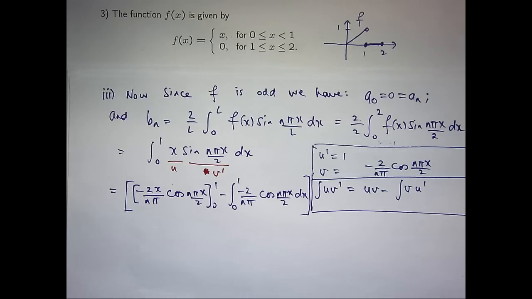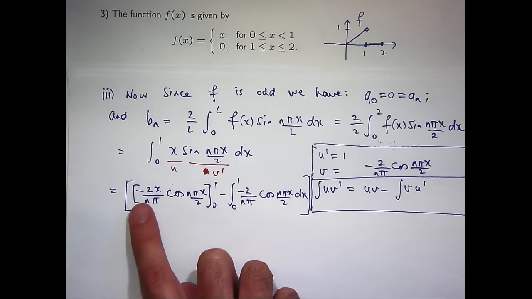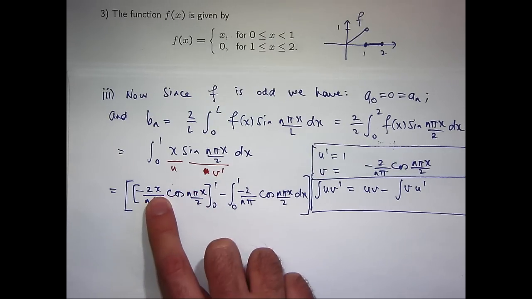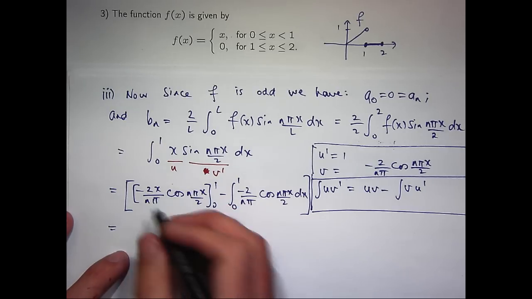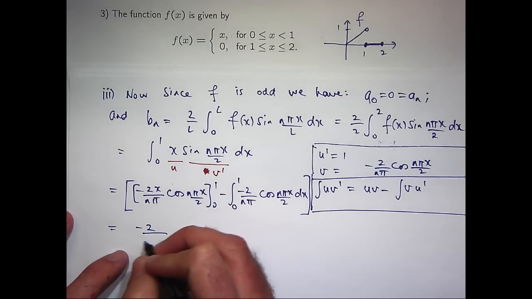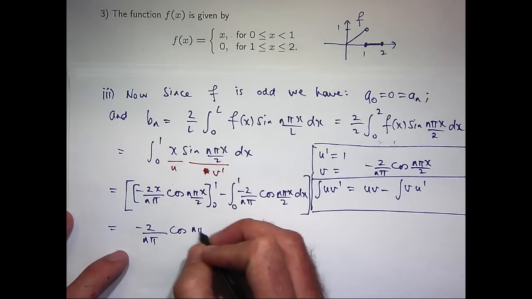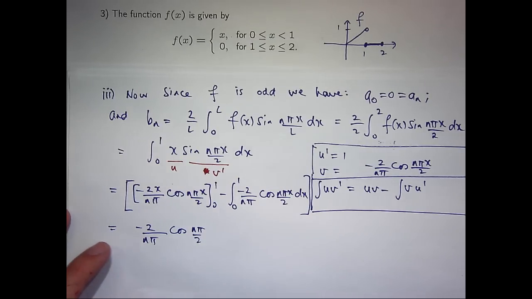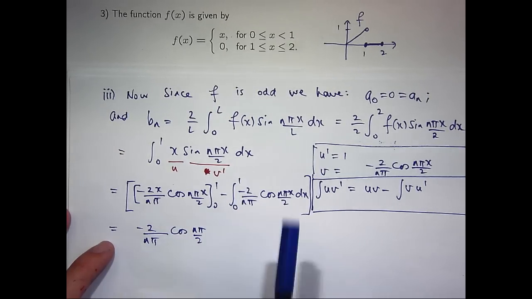So now let's just sub in, and we can knock over that second integral. When I sub in x equals 1 into the first bracket, I'm going to get 0 because I've got an x out the front. The first part's going to give me something like the following. I'm going to get cos n pi on 2. And let's just integrate here. So the two minuses will become a plus.